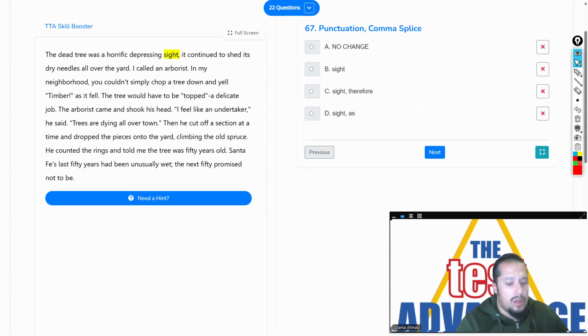Let's try another one here. Look at this one. I know it's punctuation: comma here, comma here, comma here. You have to identify how many independent ideas are in the sentence. And then we identify the best punctuation based on those independent ideas. Use elimination.